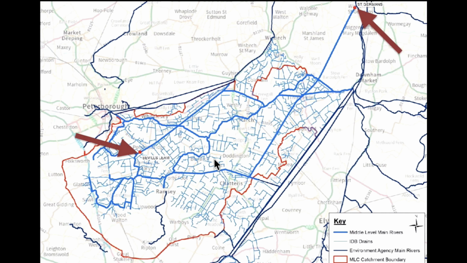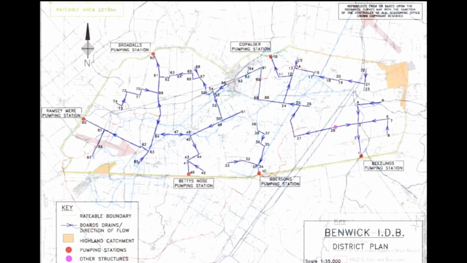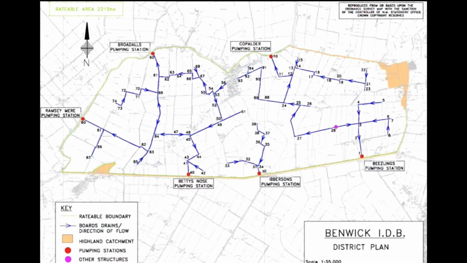Within the middle level system, there are smaller areas which are pumped up into the main rivers. And if I just zoom in to the area of Benwick, we can see how the network of drainage is arranged within this area, controlled by one of the very many internal drainage boards.